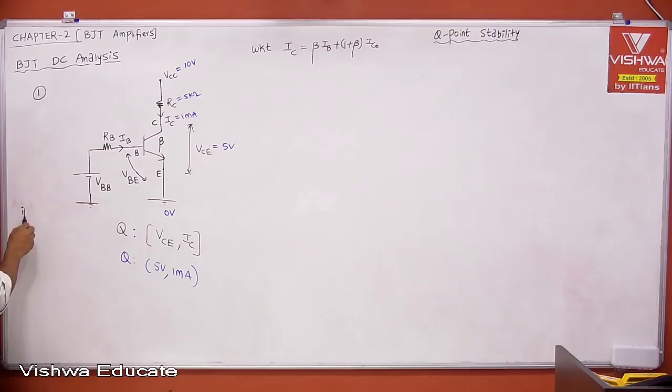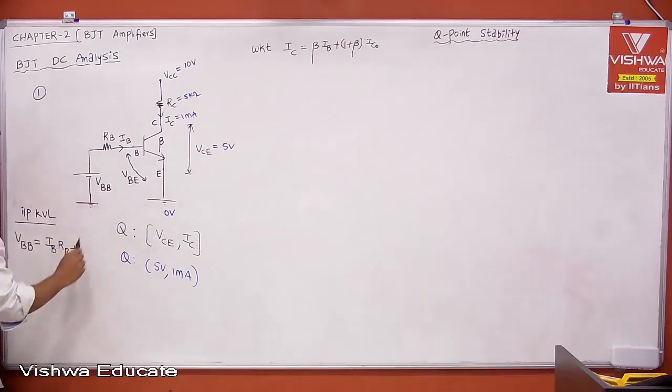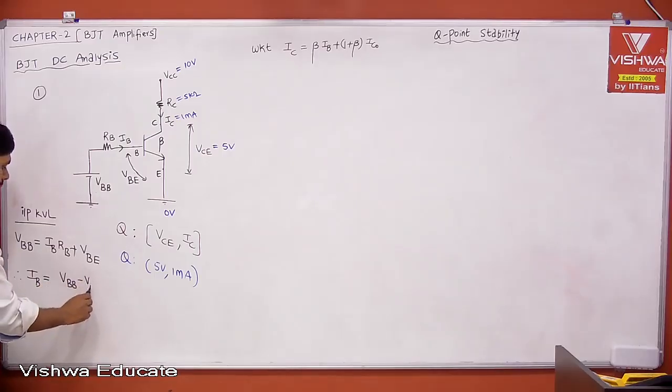If you take input KVL, VBB is equal to drop across RB plus drop across input transistor, which is VBE. Then from this I can get IB. Therefore, IB is equal to VBB minus VBE divided by RB, right?